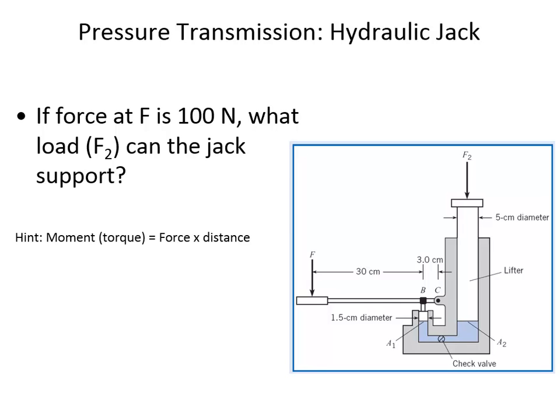Okay, so we know that the counterclockwise moment is 100 newtons acting at a distance of 33 centimeters, and that's going to be counterbalanced in equilibrium by whatever that force at B is, which acts at a distance of 3 centimeters.